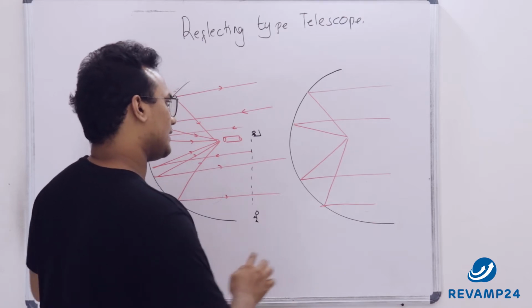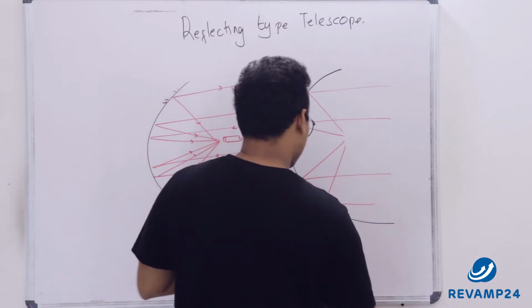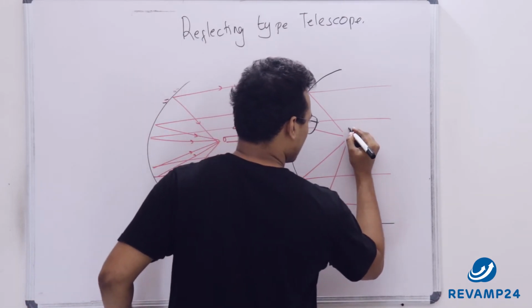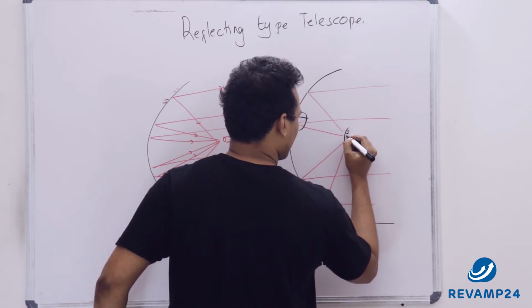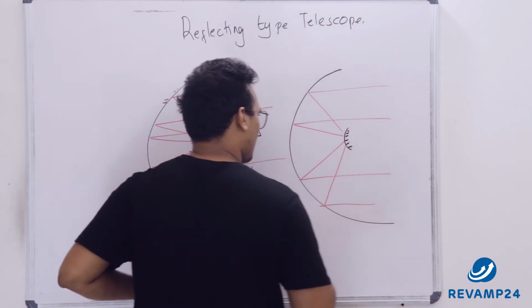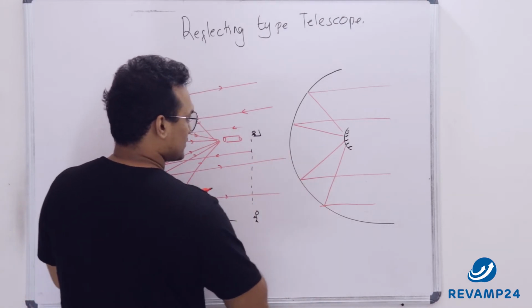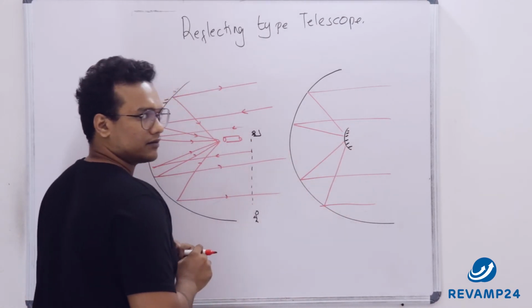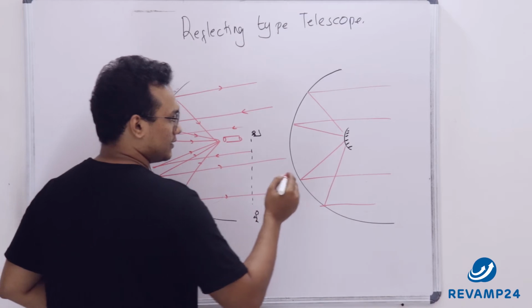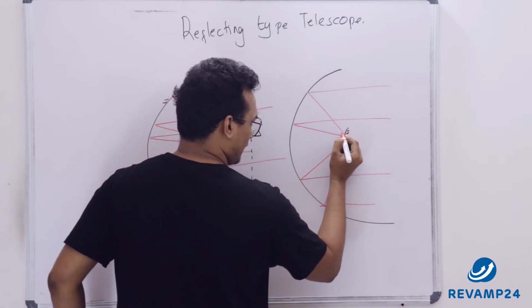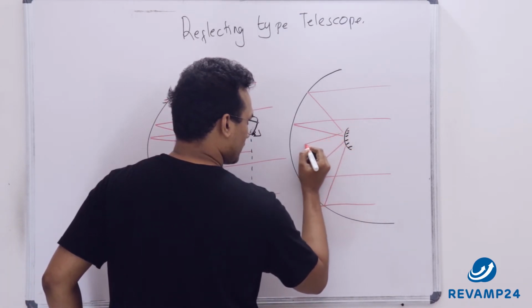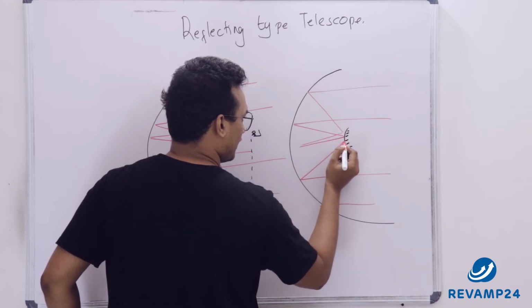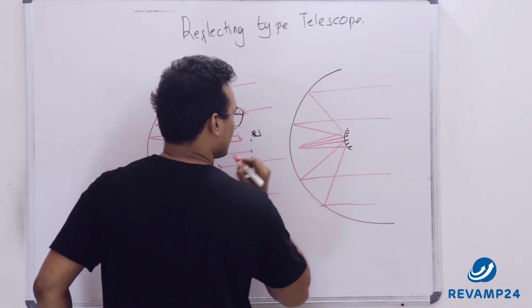Now what Cassegrain did is he kept one concave reflecting surface here. Now what will happen at the reflecting surface after reflection occurs there? This is just a mirror. After the reflection, the rays would go here and try to focus at one point.